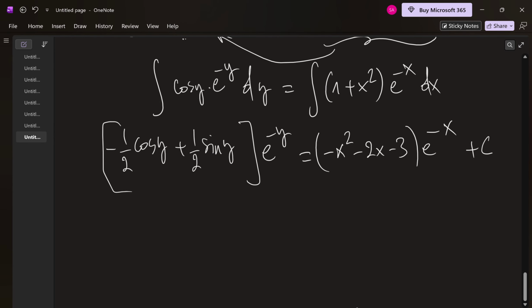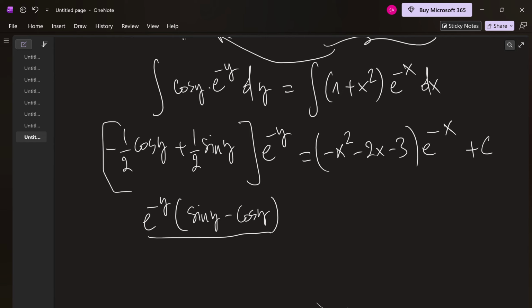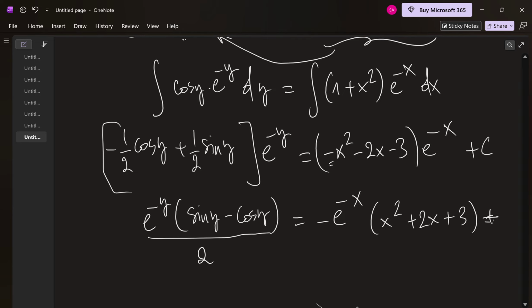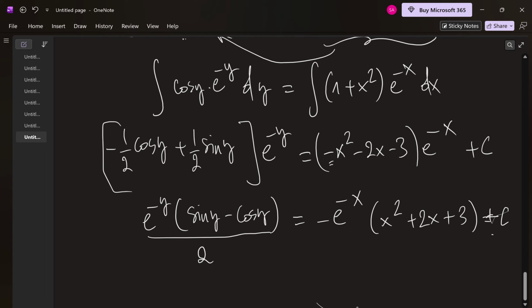We could simplify it. It becomes exponential minus y times (sine y minus cosine y) over 2, and here we take the minus out, it becomes minus exponential minus x times (x squared plus 2x plus 3) equals plus c.